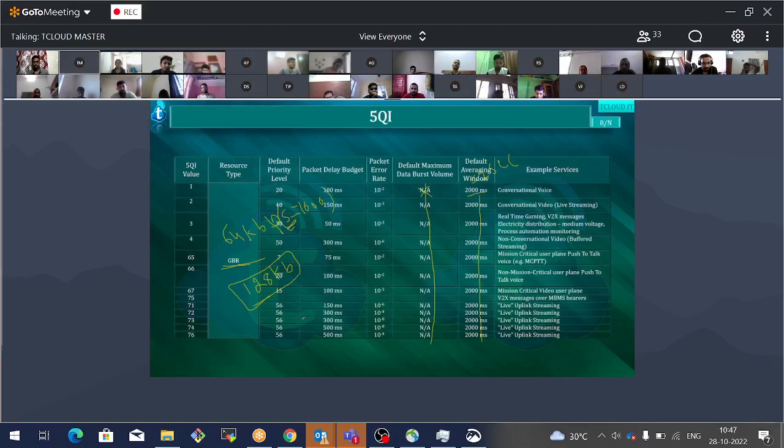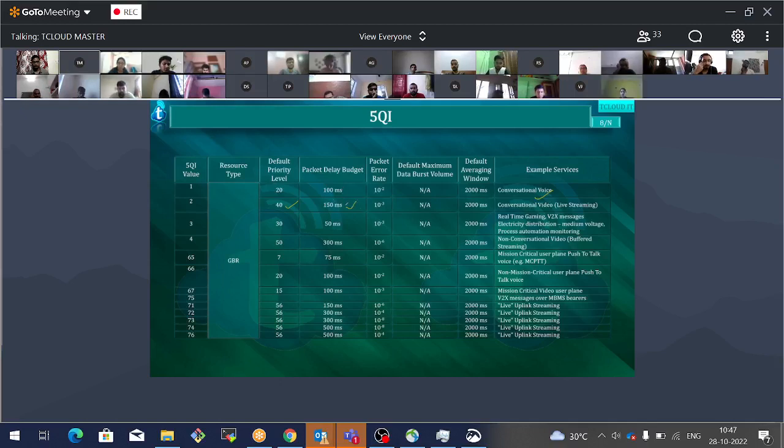Now, if you take a look at this and summarize these things, various kinds of applications are there. First I will introduce the applications one by one and the story behind them. Conversational video or live streaming, like when you are making a WhatsApp video call. Then the priority level is 20, and the delay budget is 150 milliseconds instead of 100.